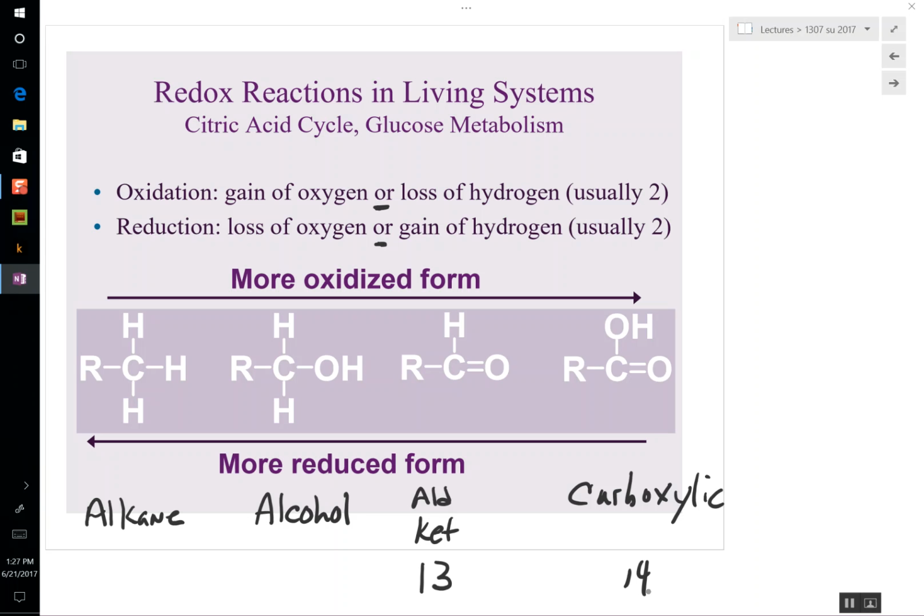And obviously going from an alkane to an alcohol, we didn't look at a reaction on how to do that, but if you go from an alkane to an alcohol, what have you done? You've gained oxygen. So an alcohol is more oxidized than an alkane is.